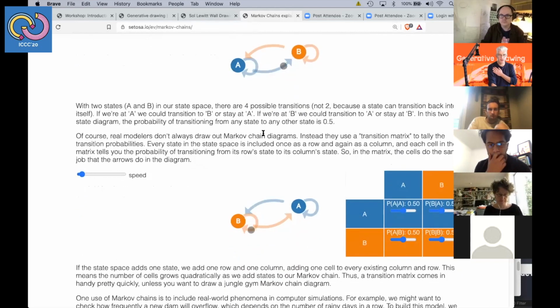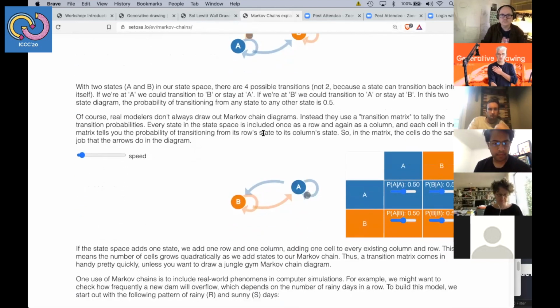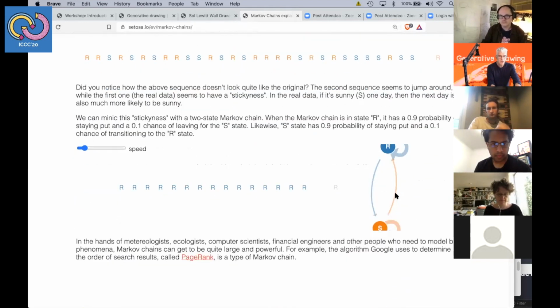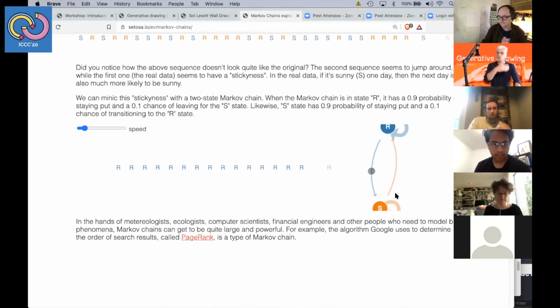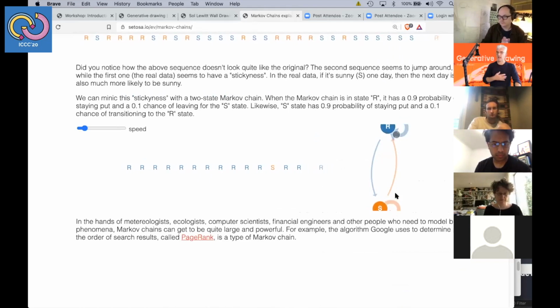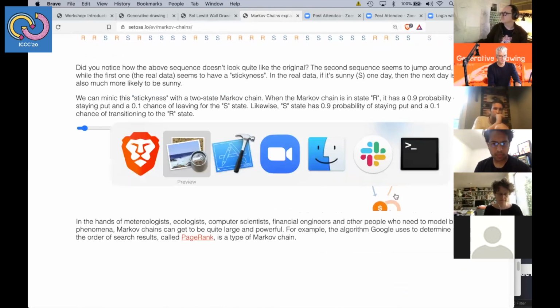But we can expand that to say there's multiple states, and we can change the weighting, that if you're at A, you might go to B. If you're at B, you might go to A, and so on. And we can go on to more and more chains. And this is the root underneath lots and lots of drawing and lots of music and lots of other examples.